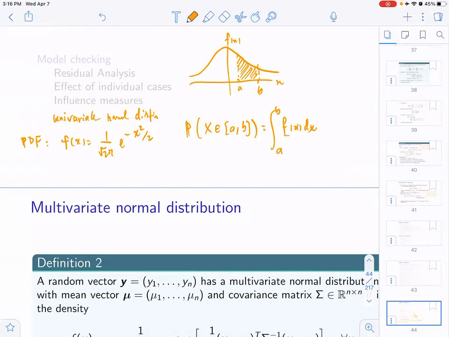So f of x times dx gives you the probability of being in the tiniest interval near x, and then you add them up over a to b. More generally, you can take the integral over any set for which the integral exists.